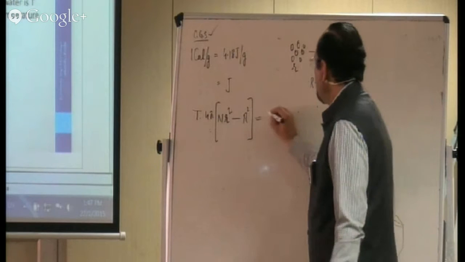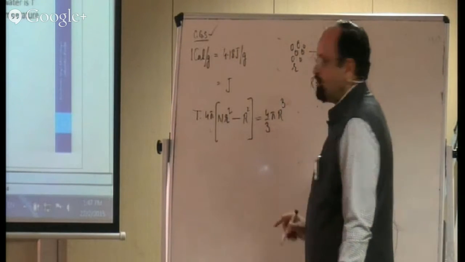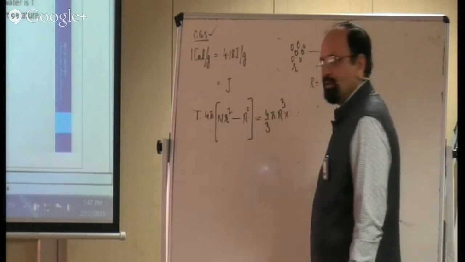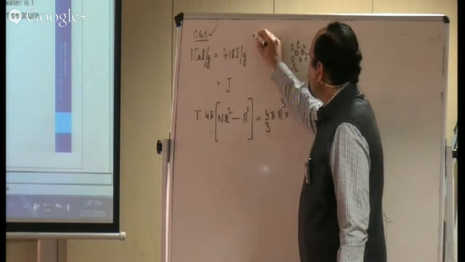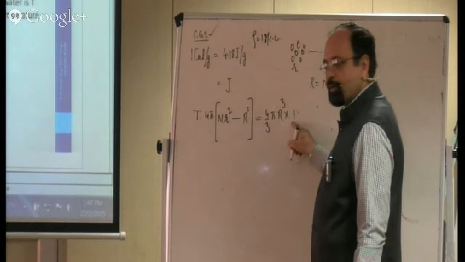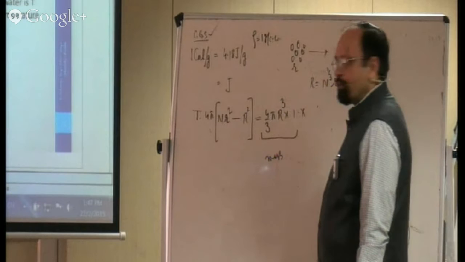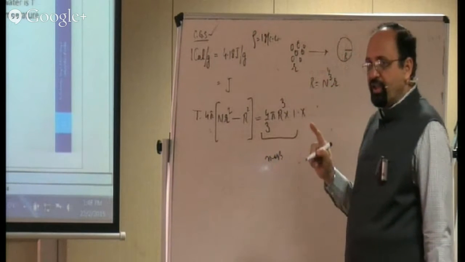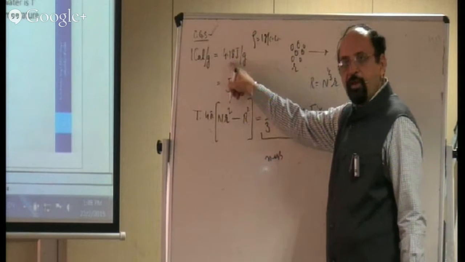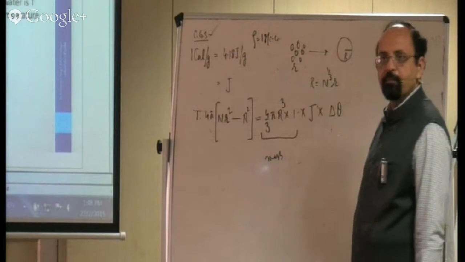How much is the volume? 4 by 3 pi R cube. That is the volume of the bigger drop, the whole of the volume. What is the density? Water density is 1 gram per cc. That is the mass. Multiplied by the specific heat, J from 4.18, J multiplied by delta theta. Agreed?